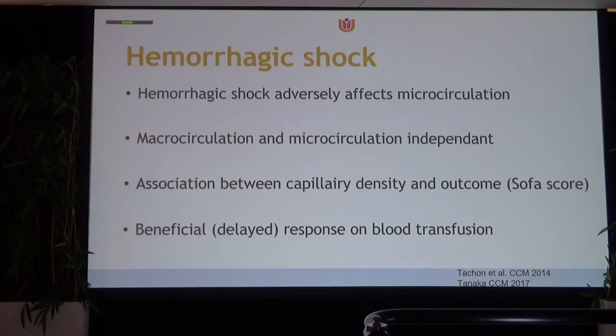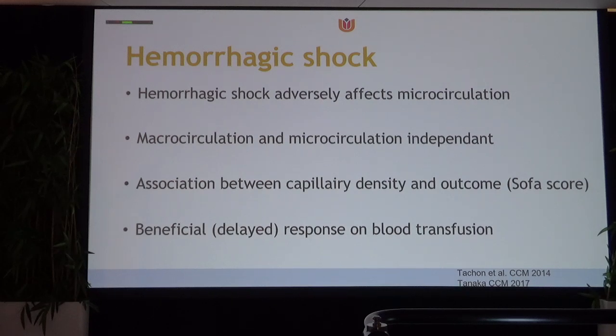So this is actually a study shown by the former speaker as well. Hemorrhagic shock: it's an ICU-based study, but I would say it also applies to the OR setting, with many patients who have a form of hemorrhagic shock. We know that it adversely affects microcirculation, and that macrocirculation and microcirculation can become independent from each other.